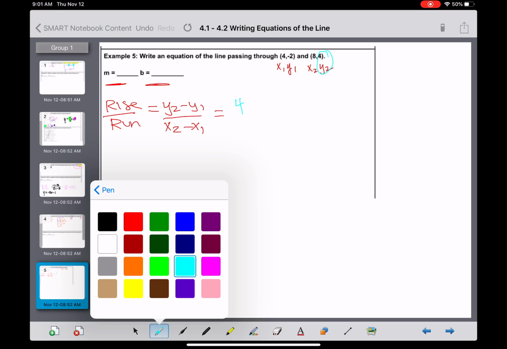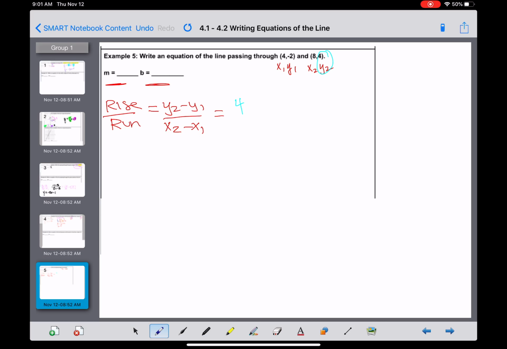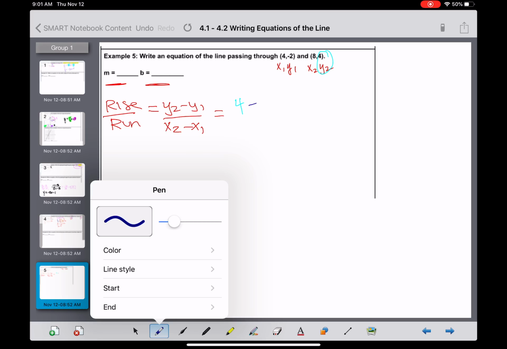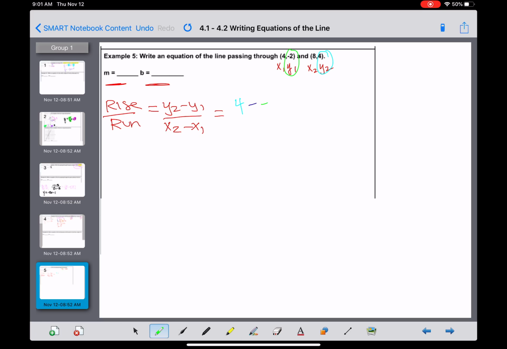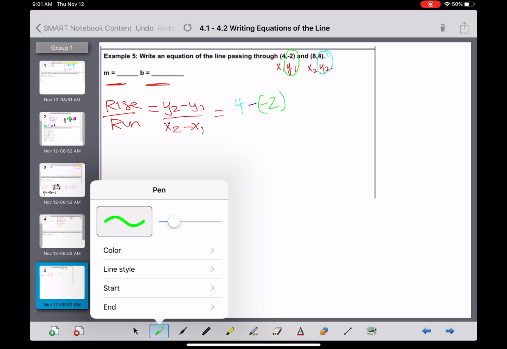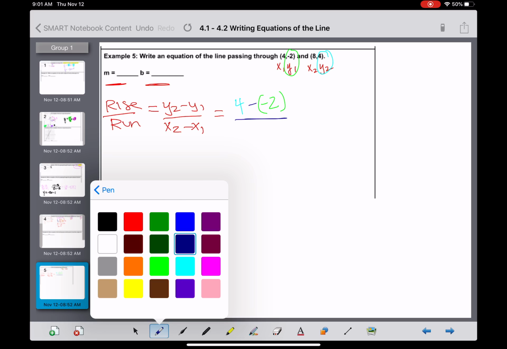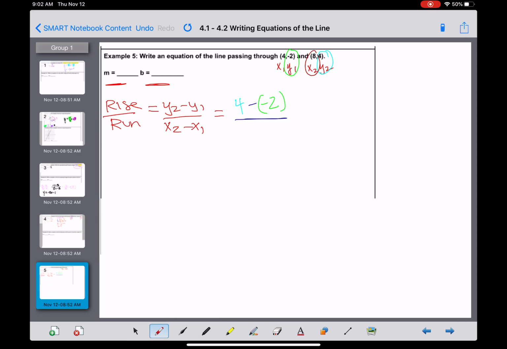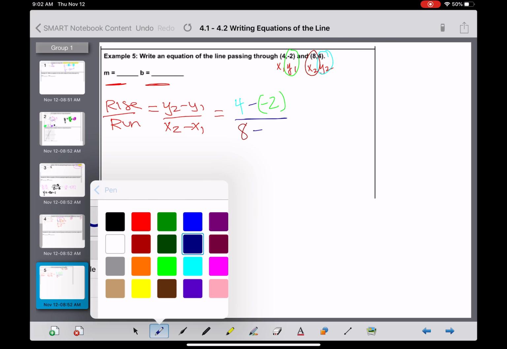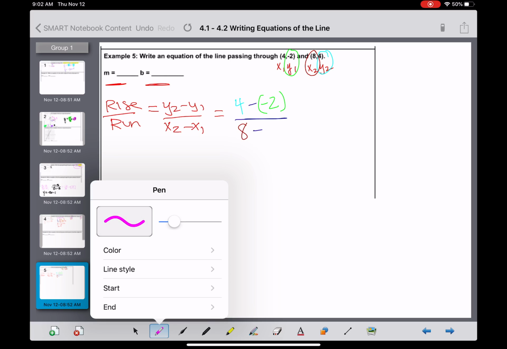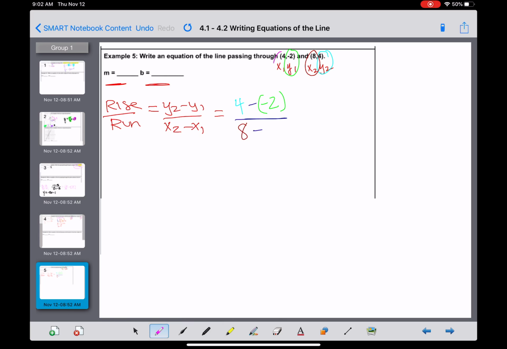I am going to subtract from that my y1 value of negative 2. That is all over my x2 value of 8. Subtract from that my x1 value of 4.